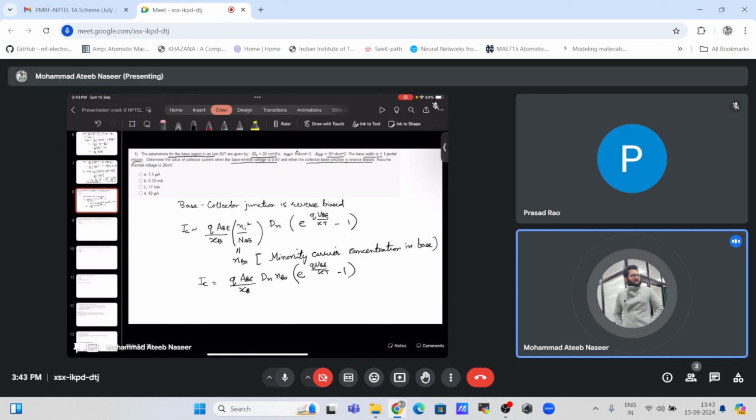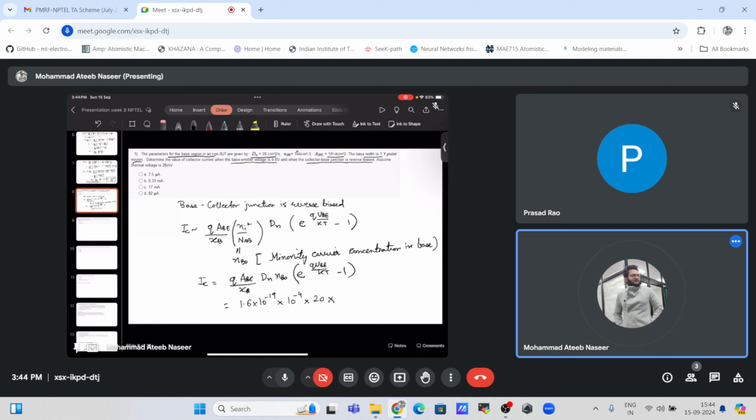Now let's put the values and try to solve for this. Q is 1.6 into 10 to the power of minus 19, times the area, which is 10 to the power of minus 4 centimeter square, and the value for Dn is 20 centimeters square per second.